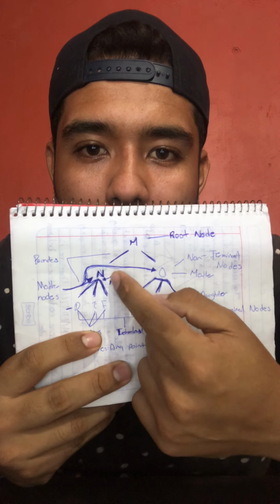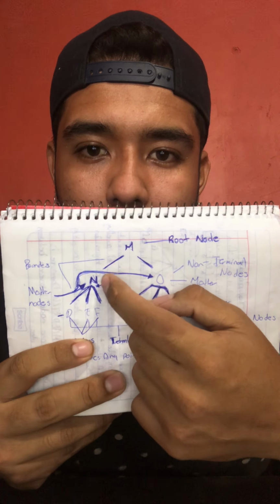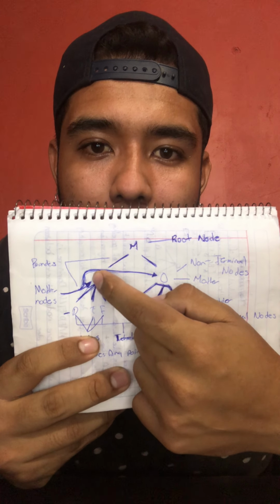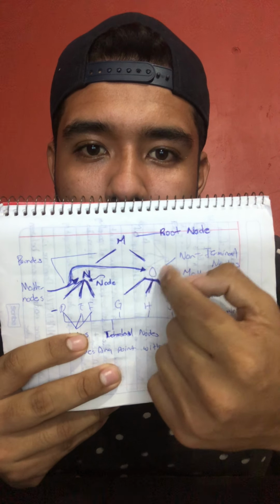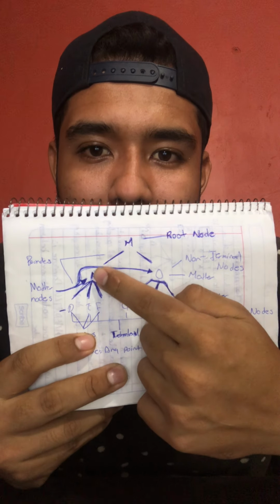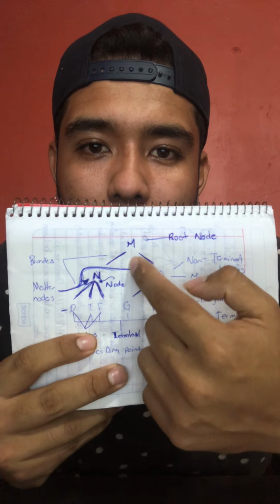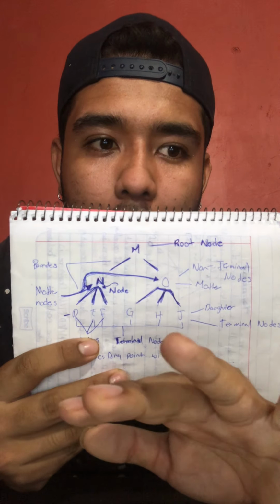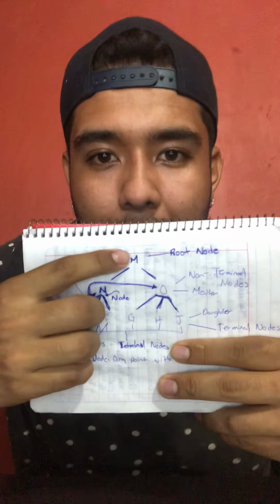But in this case, N just precedes the letter O because they have the same mother, and that is all they have in common.